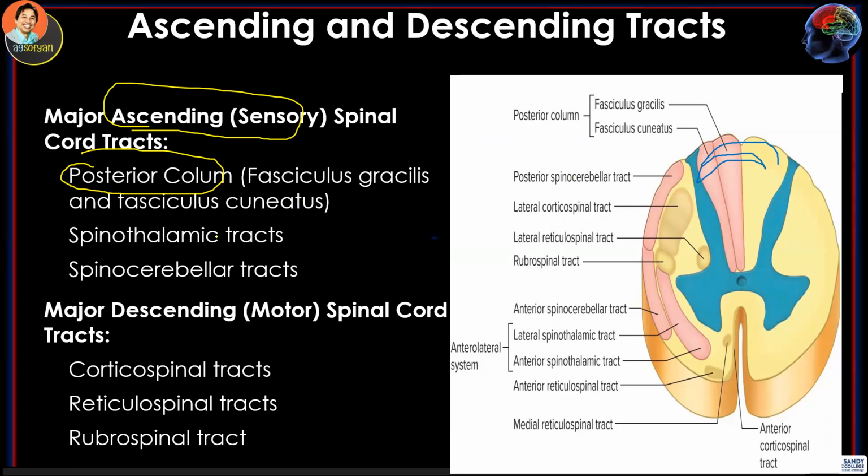Okay, and then the spinothalamic tract, and the name is actually telling you this tract will be going up, because it is coming from the spinal cord to the thalamus. Remember, the thalamus is in the brain. So it's going up from the spinal cord to the thalamus. So this is going to be an ascending tract.